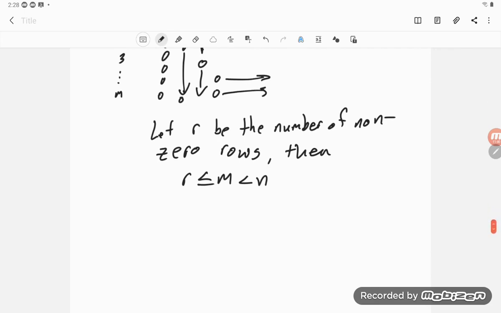And so then if I take n minus r, n minus r has to be bigger than 0 since r is strictly less than n.